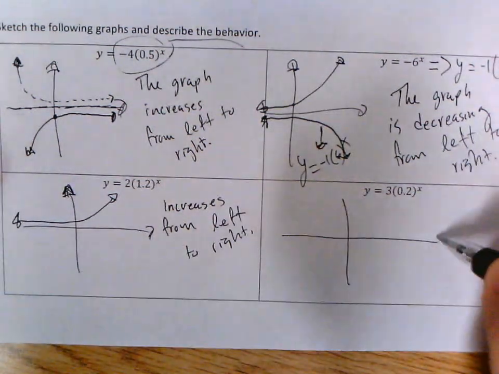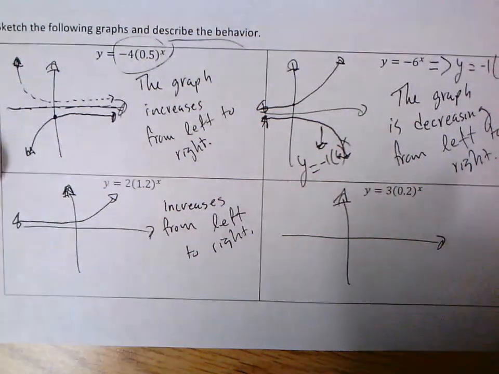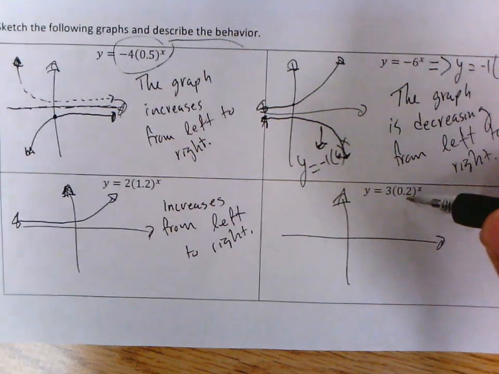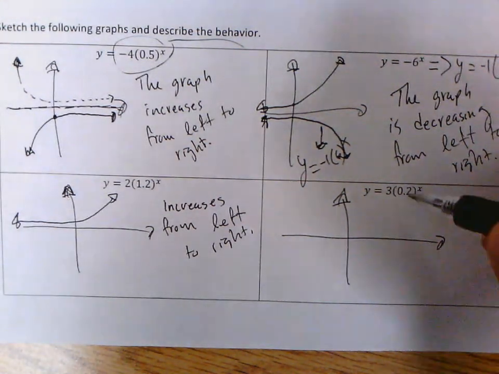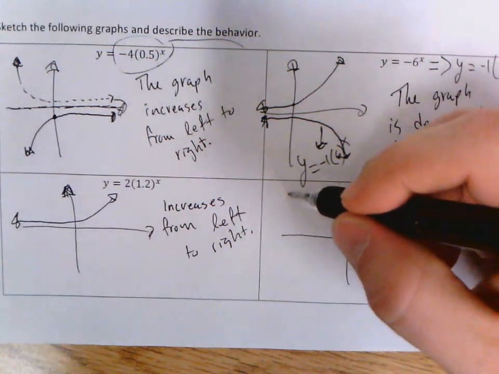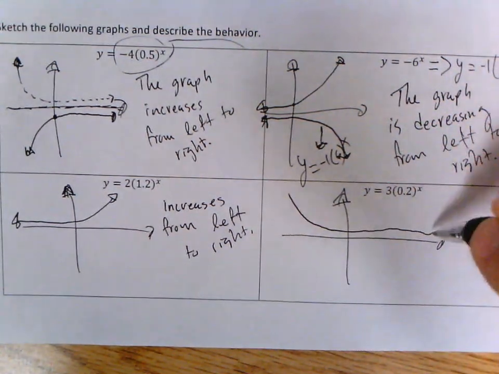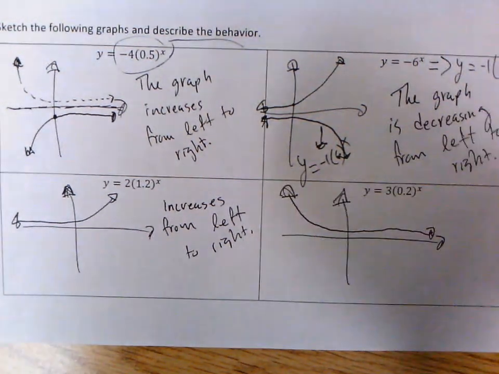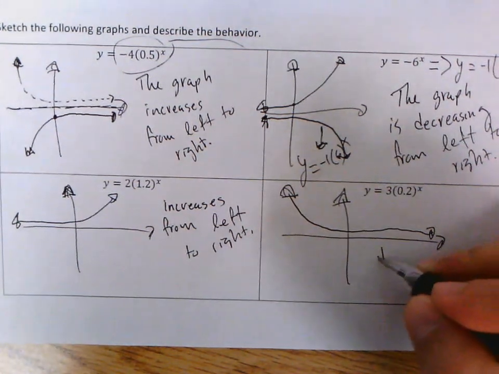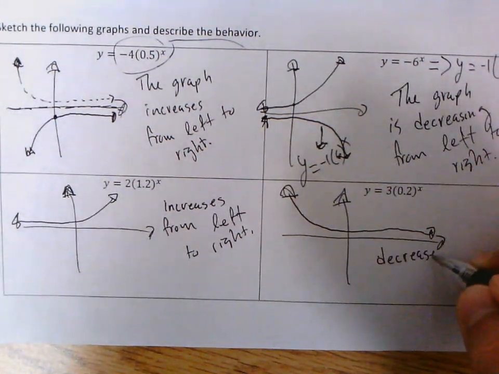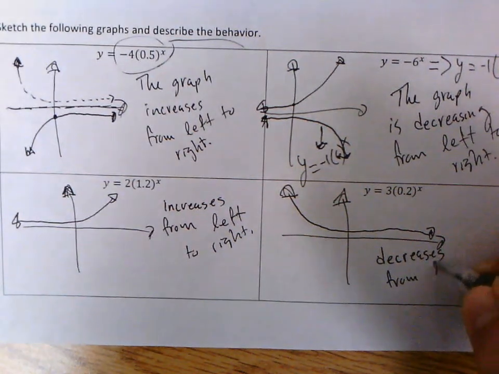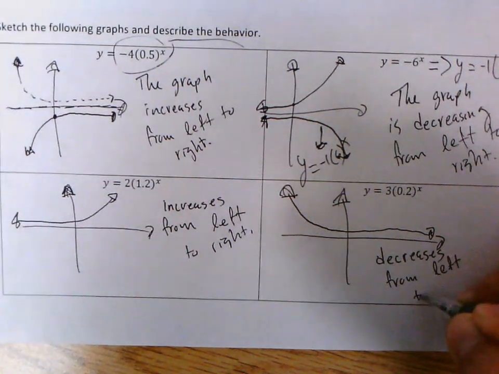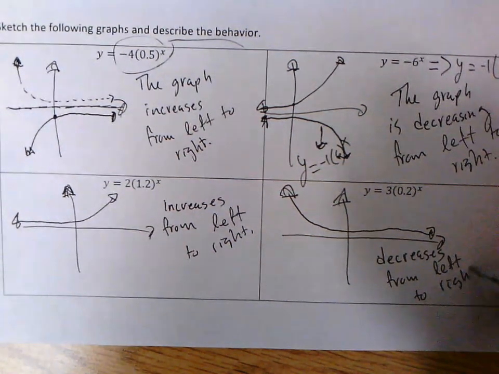And then on this last equation, my graph will be decreasing because b is less than 1. So it will look something like this, and I don't have to do the reflection, so I will say decreases from left to right.